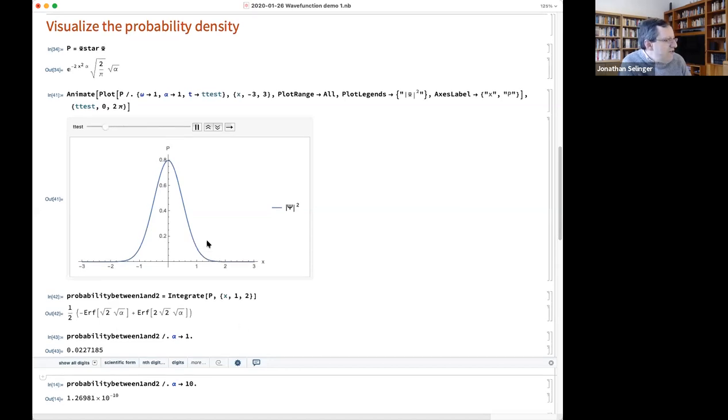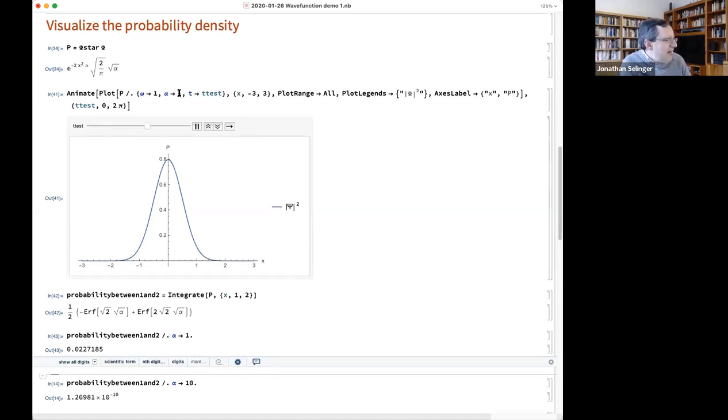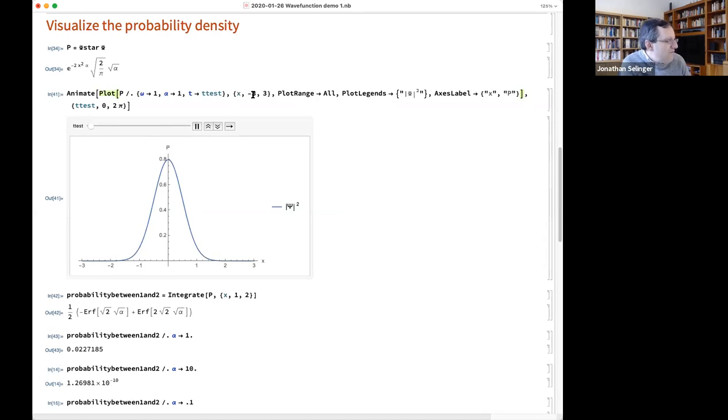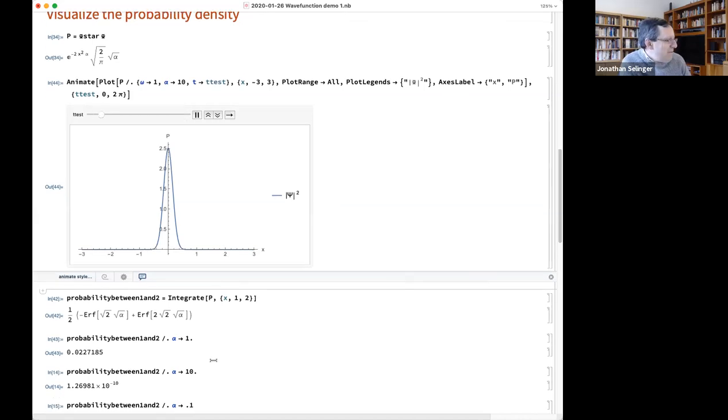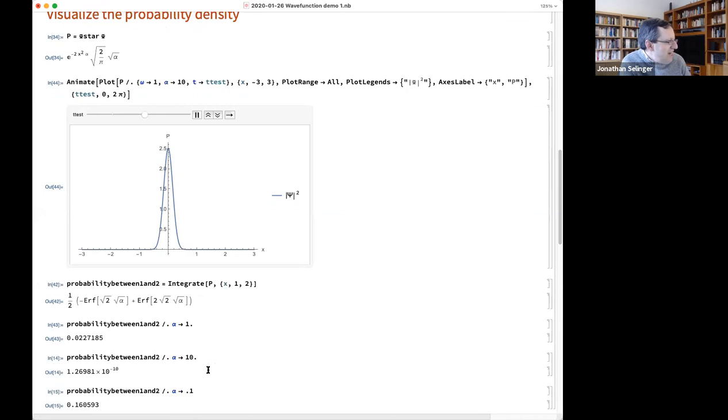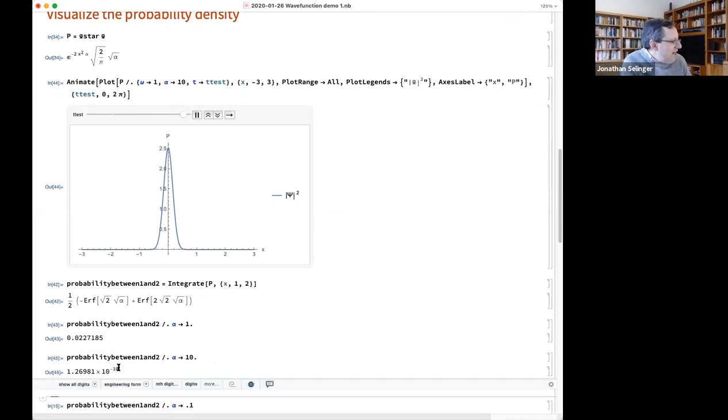If I change alpha, if I make alpha to be 10, for example, then it looks like the area under this curve between 1 and 2 is really small. I can't even see it, right? It's hardly anything. And Mathematica says that is an area of 10 to the minus 10.